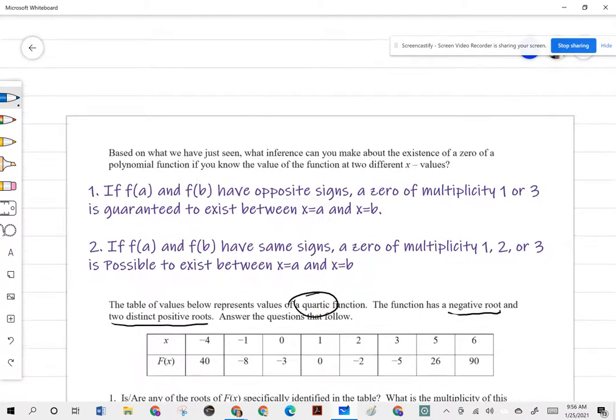And it says, based on what we've just seen, what inference can you make about the existence of a zero of a polynomial function if you know the value of the function at two different x values? So when I say two different x values, we can say, well, if x is equal to a and x is equal to b, those are two different x values.